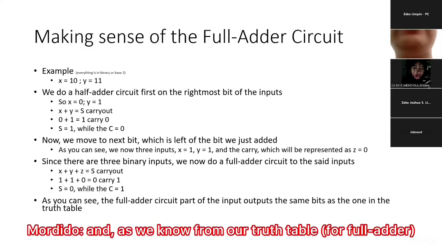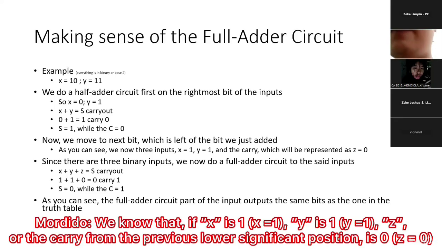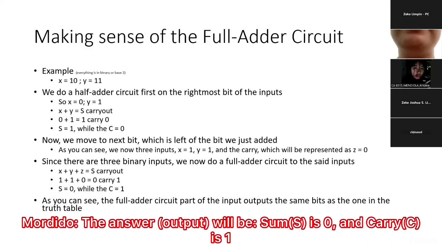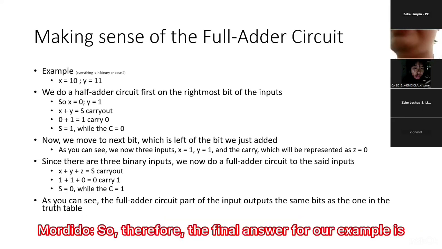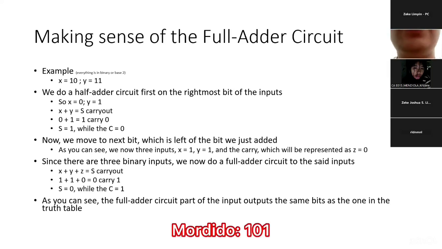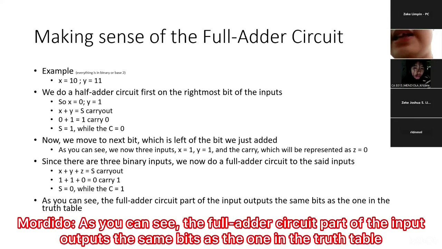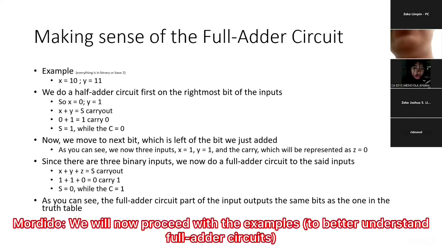As discussed in the truth table, if x is 1, y is 1, and z, the carry from the previous lower significant position, is 0, the sum will be 0 and the carry will be 1. So the final answer for this is, it's not written here, 1, 0, 1. That is the answer. As you can see, the full adder circuit outputs the same bits as the one in the truth table. So now we go to the examples.